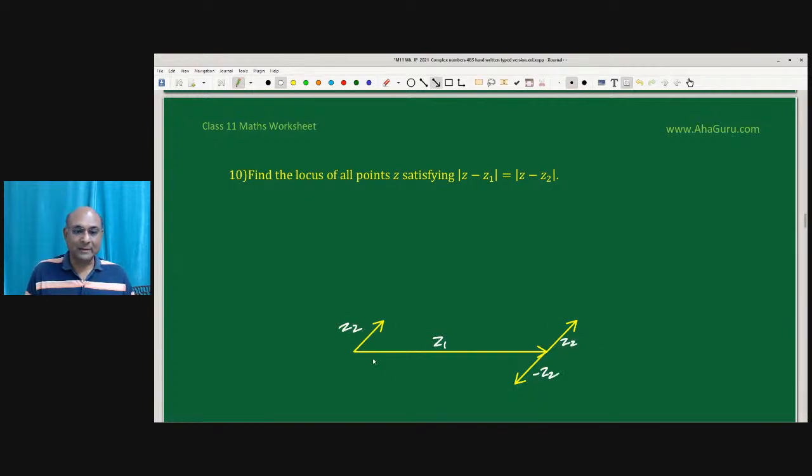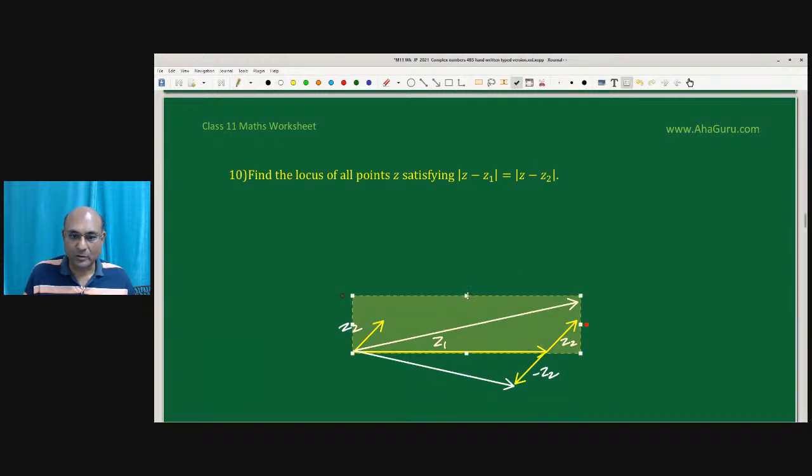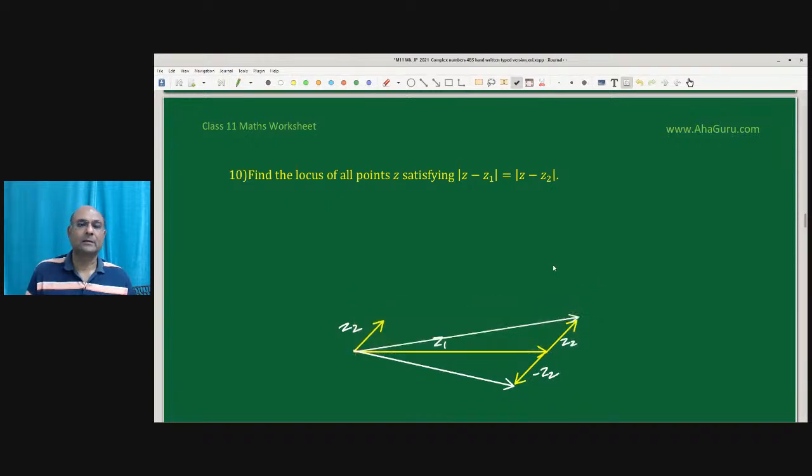So therefore, what will this be? Z1 plus minus Z2. So obviously this one must be Z1 minus Z2. And what about that fellow? Let's put it there. It's not correct, so I have to move this fellow down. So not like that. Like that. Okay, so now what is this? Z1 plus Z2.